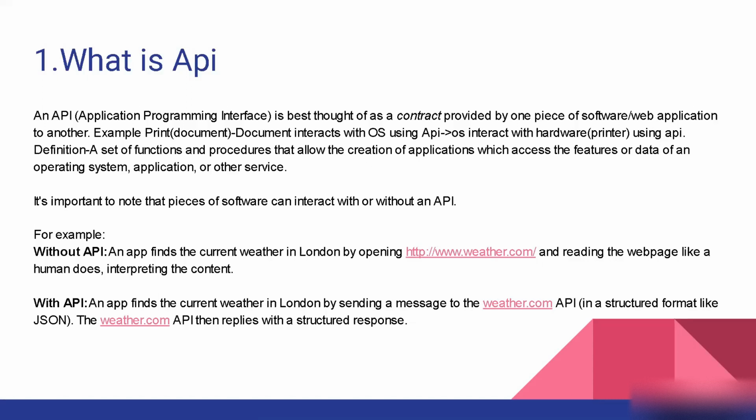Now if Facebook had to do that without an API, they would have to provide their database credentials to everyone, right? Which they can't do. So that's why they created an API which everyone can use. Even on my website, I can use Facebook login functionality using the API.